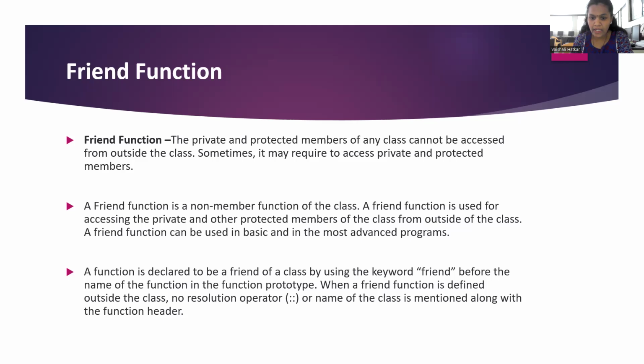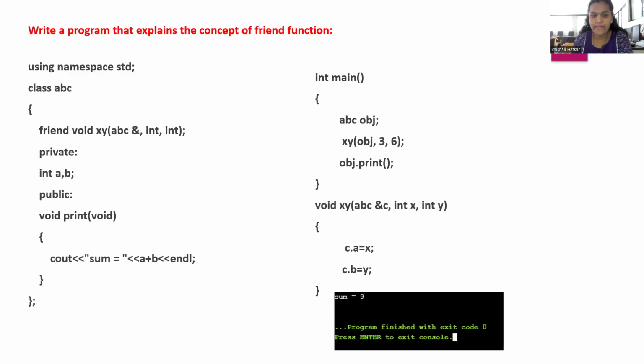We can declare the friend function by using the friend keyword before the name of the function in the function prototype. When a function is defined outside the class, we do not use the scope resolution operator, or the name of the class along with the function heading. So this is the example.